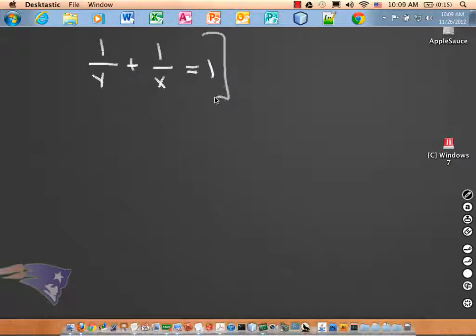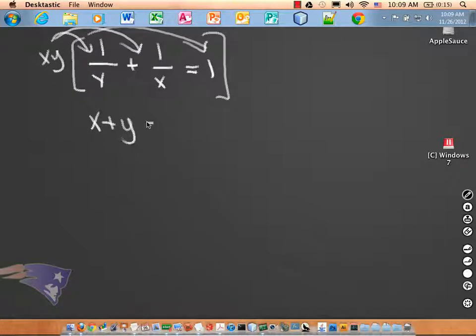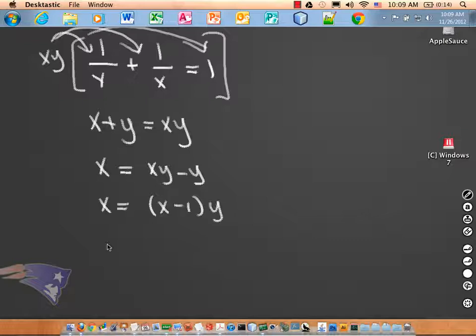That's exactly correct. So xy distributes into the equation, and I get x plus y equals xy. Subtract y to the other side, so x equals xy minus y. Factor out a y, so (x minus 1) times y, and divide. So I end up with y equals x over x minus 1.